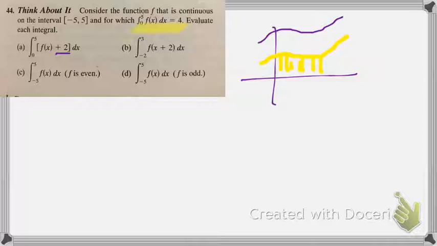Okay, so we've got this yellow area, and that whole thing gets shifted up 2, right? And so on our purple one, we get that same area just shifted up 2. And then we can just add those 2 areas together, the yellow and the purple?